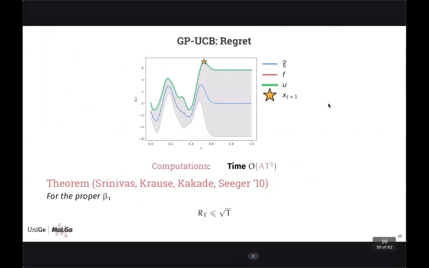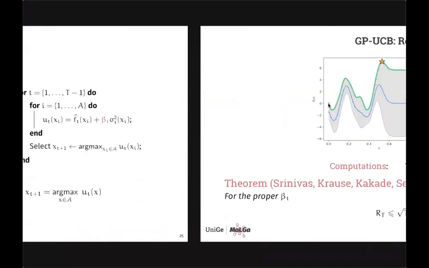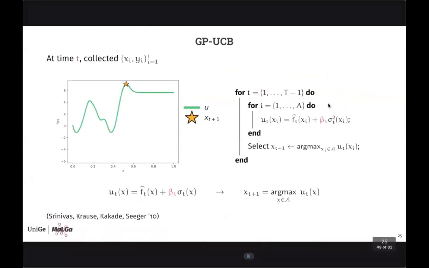And essentially, it costs cubic in the number of steps and linear in the number of arms because we have to compute the variance as we proceed. The good news is that, I didn't point out, this upper confidence bound has a weight, beta t, that tells you how much you want to believe your uncertainty and how much you want to believe your estimate.